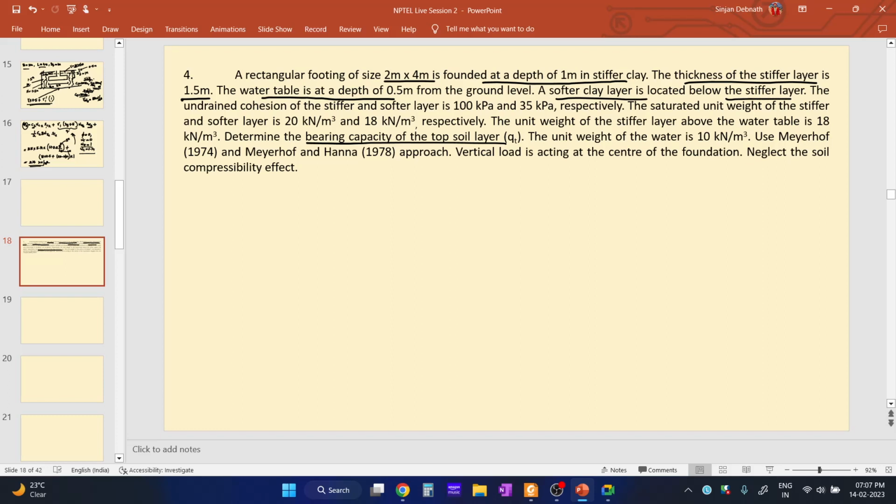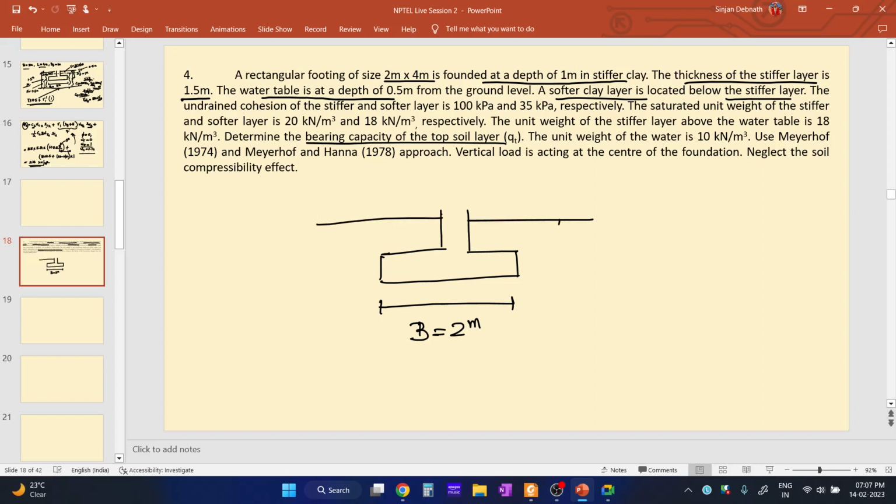Let me draw it once again. This is a footing. The breadth is 2 meter. It is founded at a depth of 1 meter in stiffer clay, dF is equal to 1.